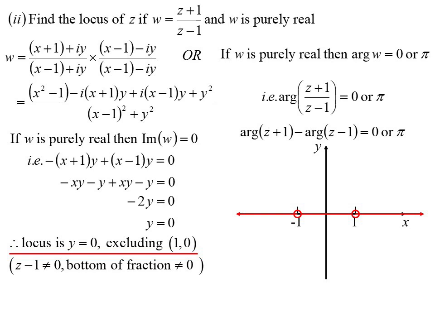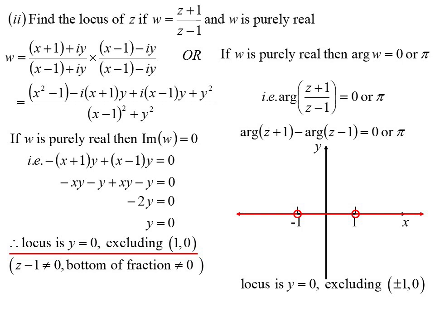So when we see this situation where the argument is either 0 or pi, we know we're talking about a straight line that goes through these 2 points. But not including those 2 points. Remember, when we're drawing rays, because that's what a vector is in complex number, it's a ray, we don't include the starting point. Well, hang on, that contradicts the other one. It only excluded one of the points. So this solution excludes both.